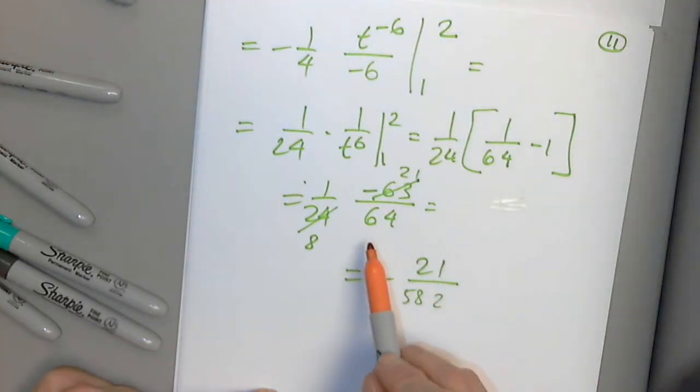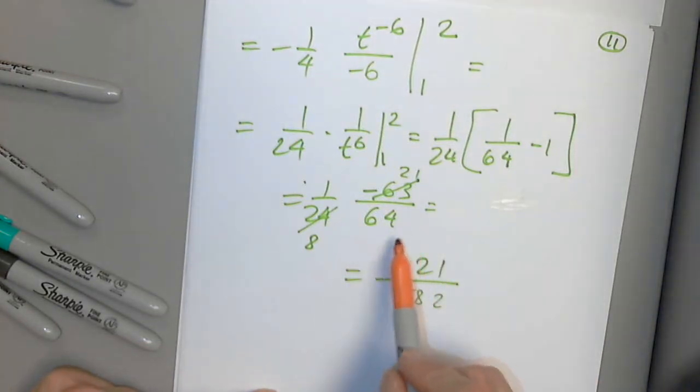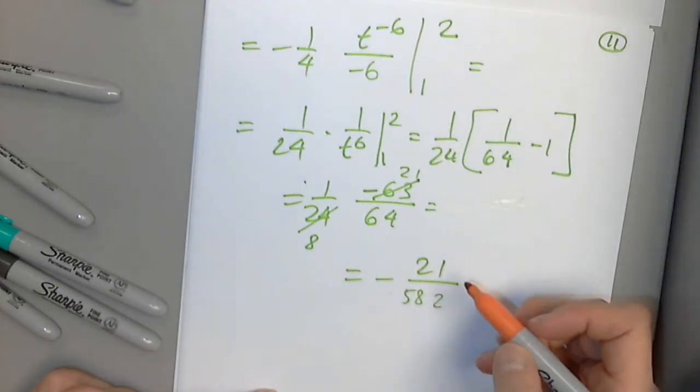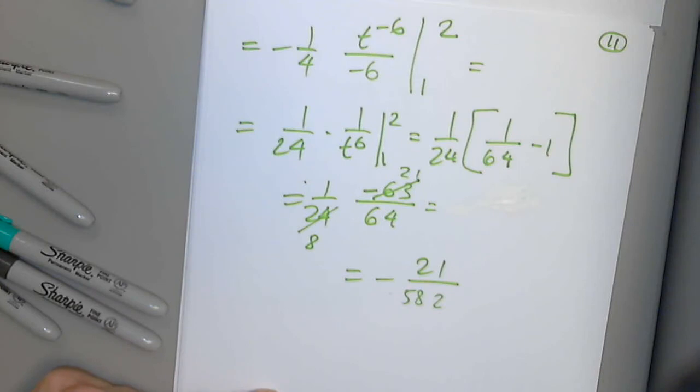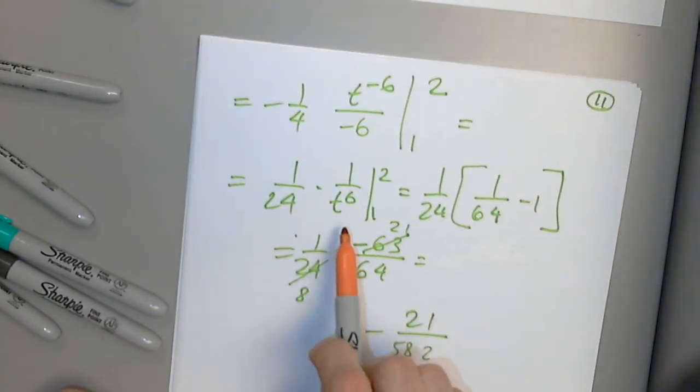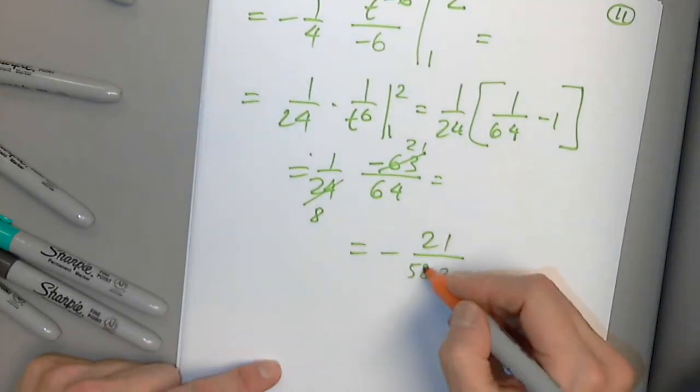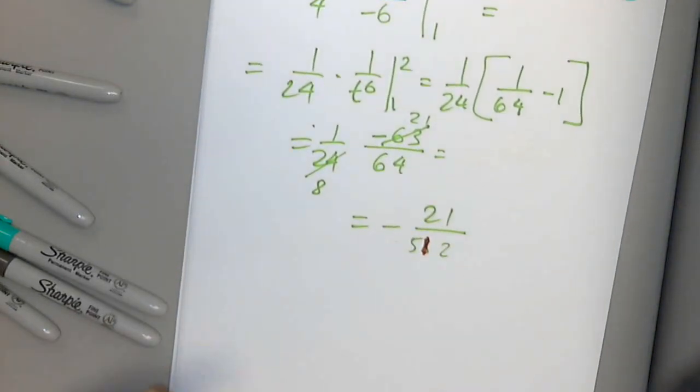What did I do here? Is it 512? 512, yeah. Thank you. Any questions on, oops, sorry, it's already 6.